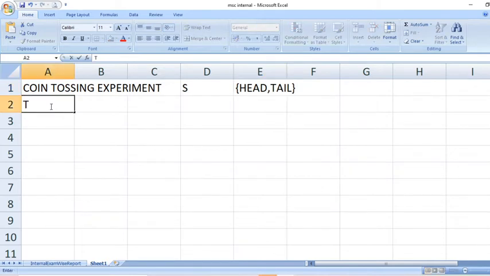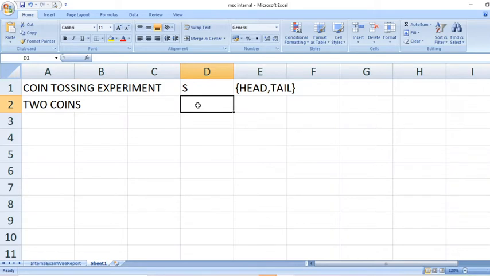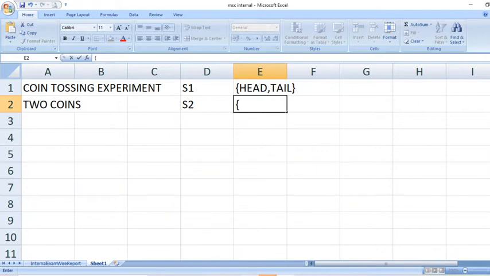Two coins are tossed. So what are the possible outcomes? This can be denoted as S1. This is S2. Suppose there are two coins, they are tossed simultaneously. So what are the possible outcomes? HT, TH, HH, TT.